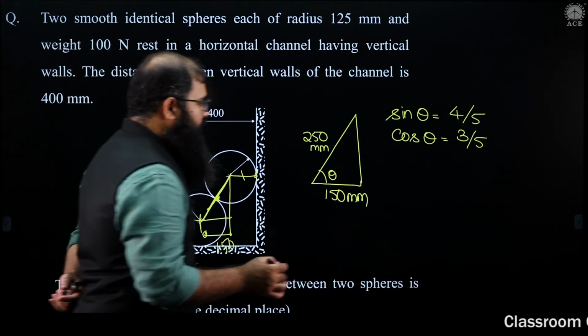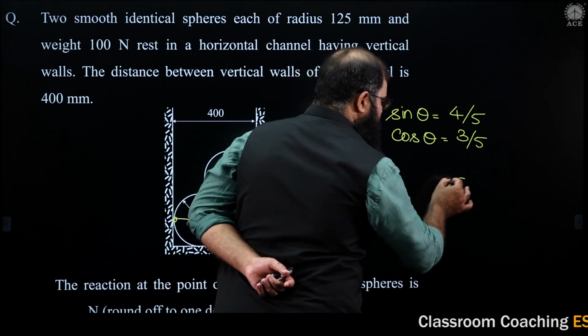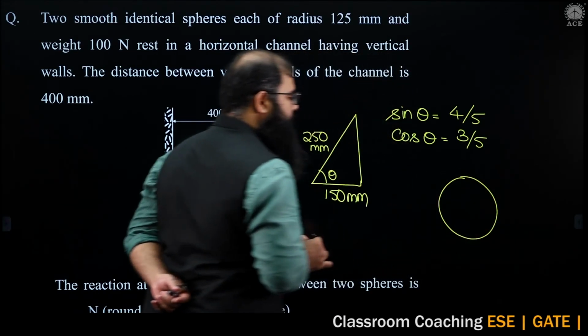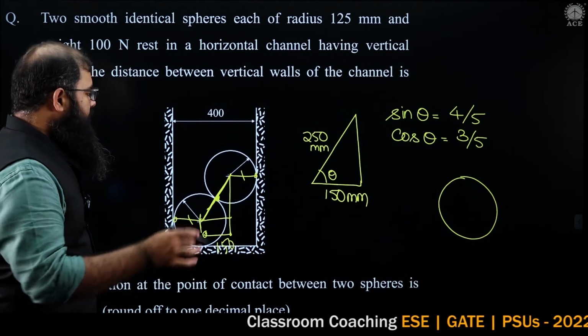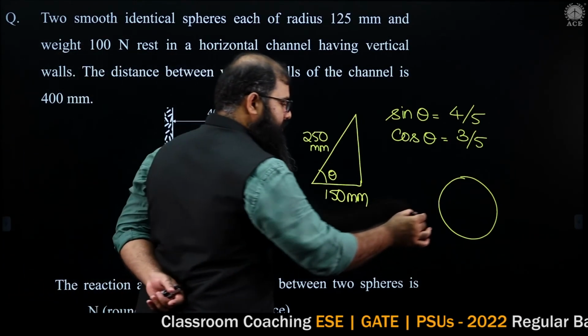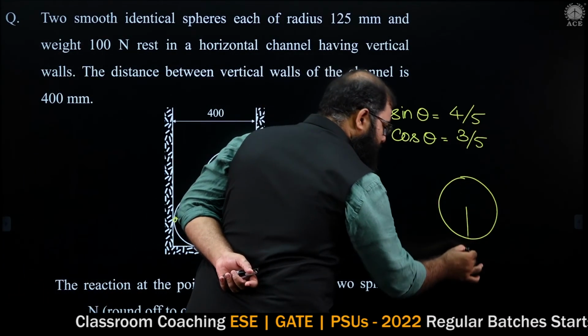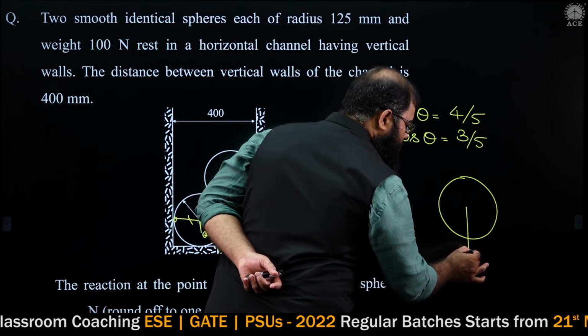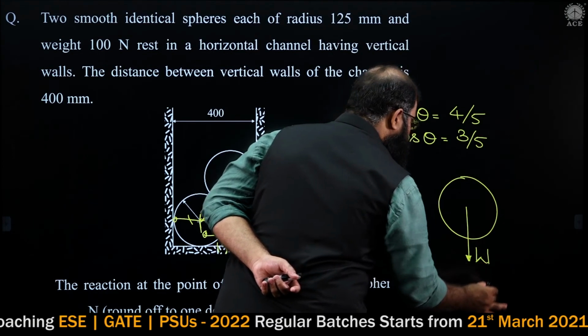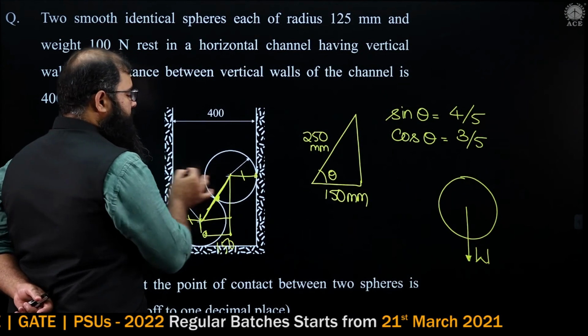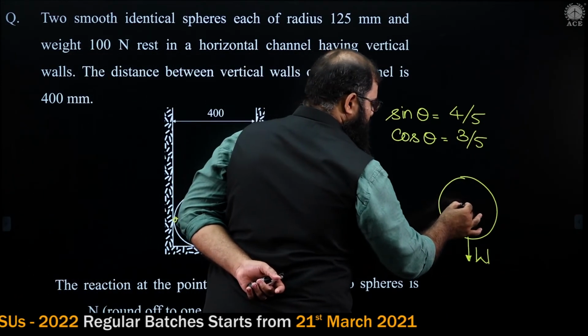Okay, so if I have the free body diagram of this sphere, let us say this is the sphere I'm having. First thing, the weight is going to fall down. This is the weight. Next, I'm having a normal from this wall.